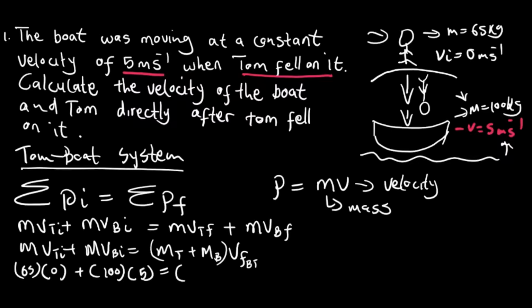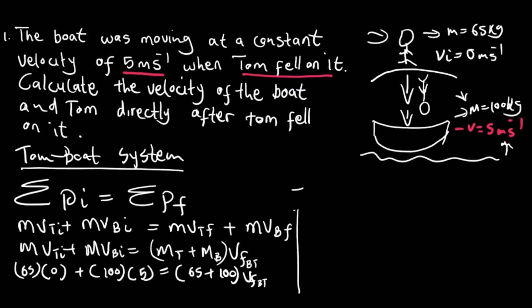And then here we're just going to include the 65 plus the 100 and the v final of both Tom and the boat, right? So because it's 65 multiplied by 0, it's just going to be 0, equals to 0.